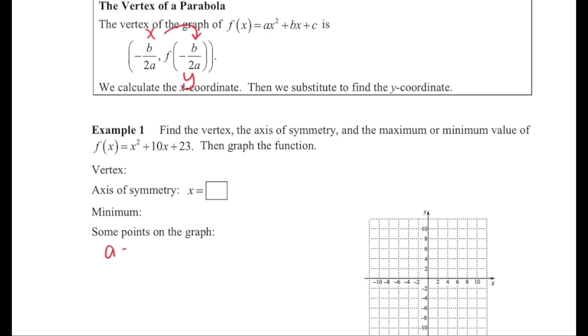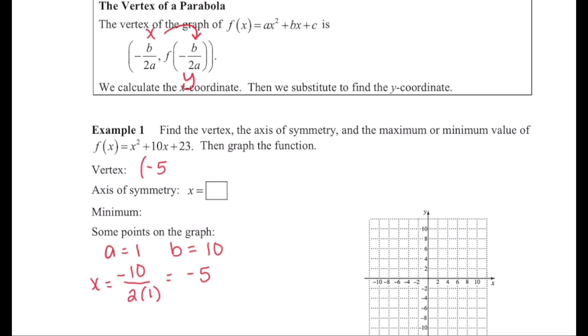Our a value is 1 and our b value is 10. We don't need c in this particular piece of the equation. So we have the opposite of b, which is negative 10, and this is helping us find x, over 2 times our a value. When simplified, this gives us negative 5. So far we know that negative 5 is our x value.